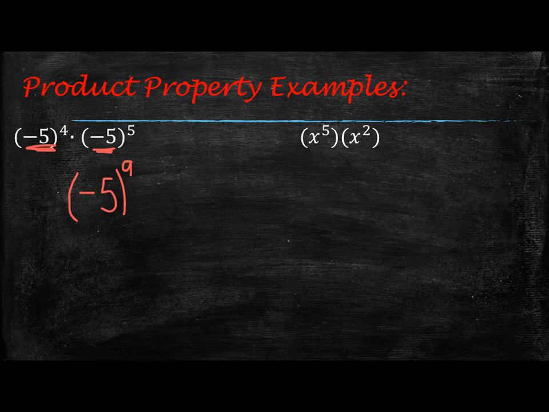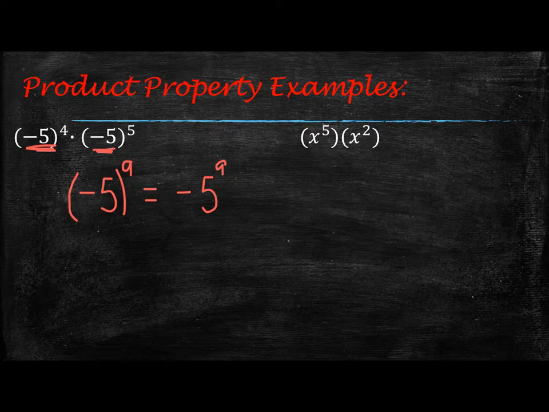And then the only other thing that I could do is say, well, that's also equal to negative 5 to the 9th. Anytime you have an odd power, it's going to stay a negative. And so having that odd power of 9, it would be the same thing as not using parentheses.